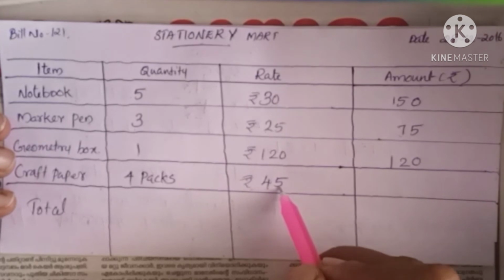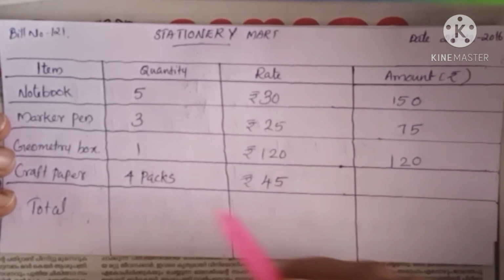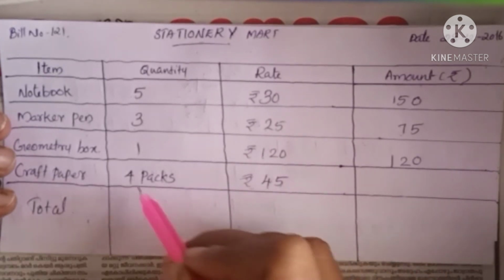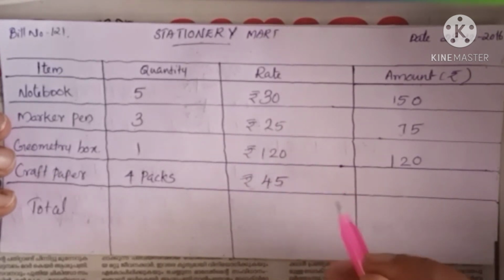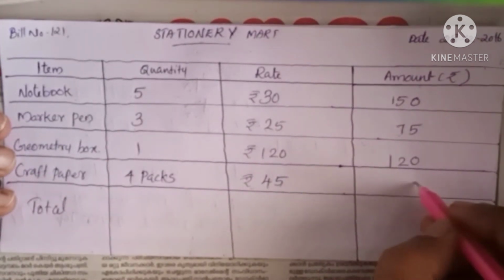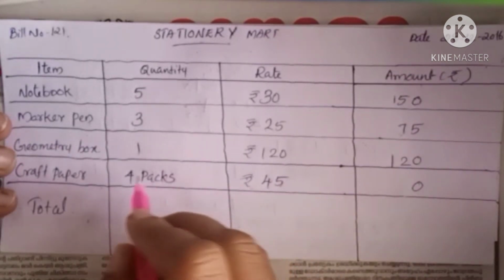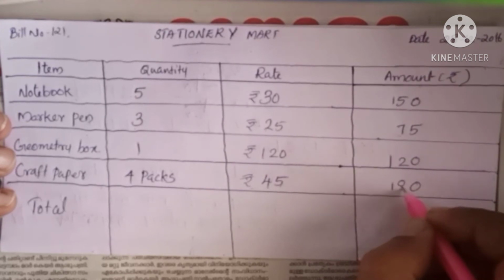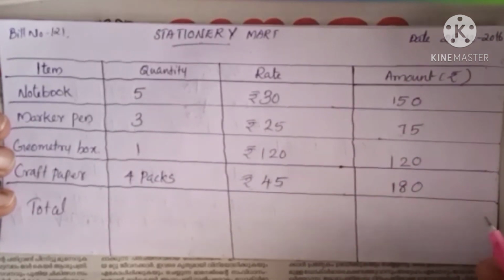For 1 packet the cost is rupees 45. For 4 packets, 45 into 4. 5 fours are 20, 2 carry over. 4 fours are 16 plus 2, 18, 180 rupees.